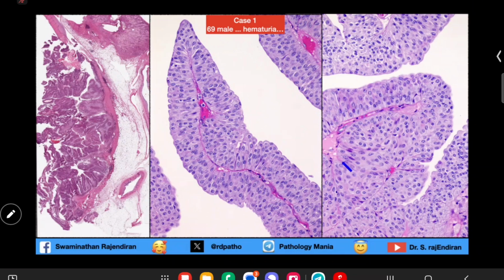And the nuclei are crowded in areas, but there is no anisopoikilocytosis, what we say in peripheral smear. There is no variation in size and shape of the nuclei. They are more or less uniform with mild crowding and atypia.